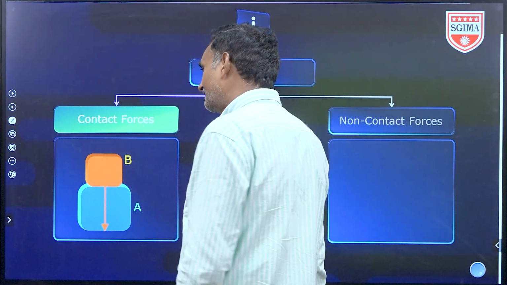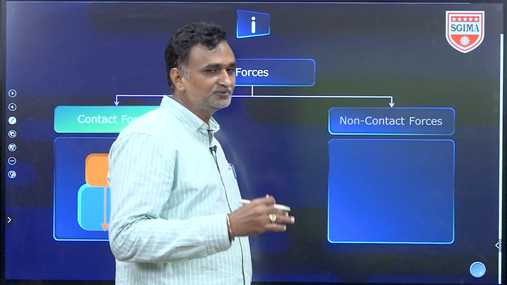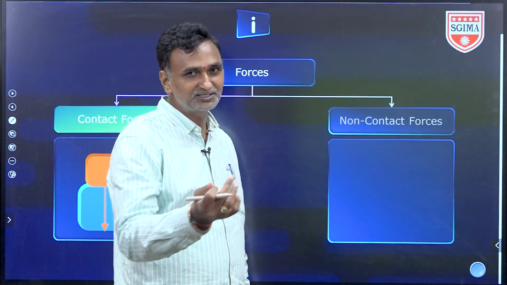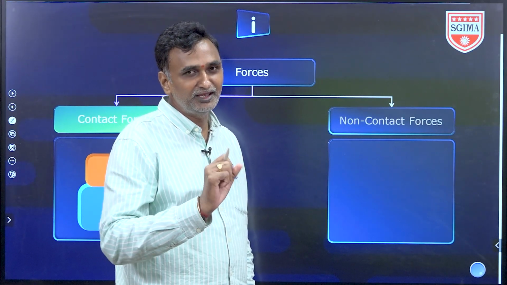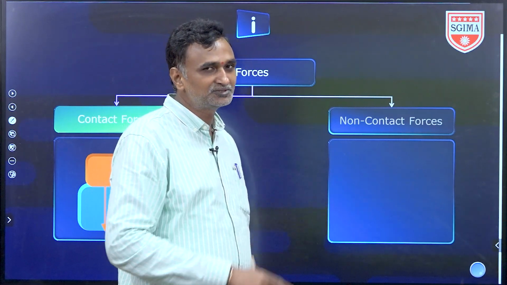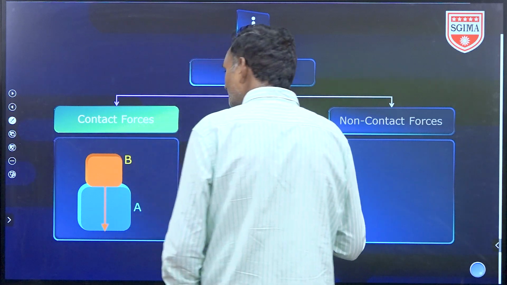Next category, non-contact forces: one object exerts force on the other from a large distance or small distance, but we don't find any physical contact, even though it can exert force on the other. So we can see one by one.